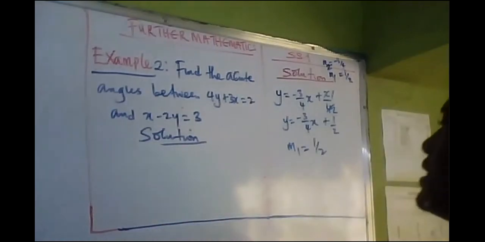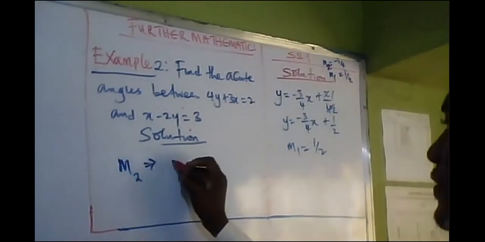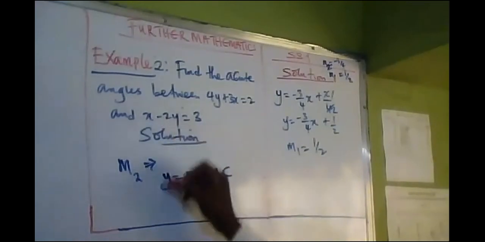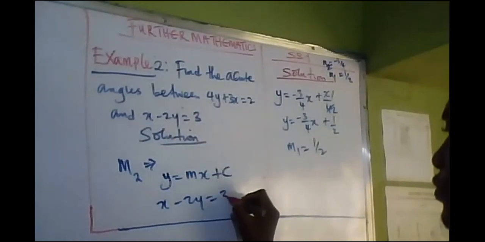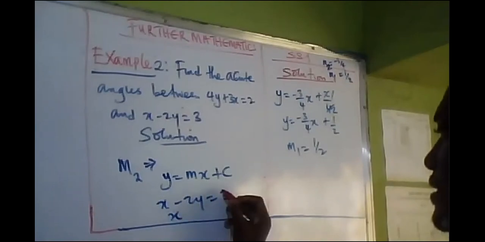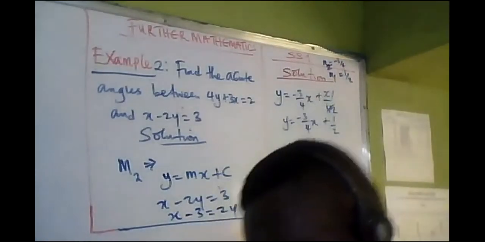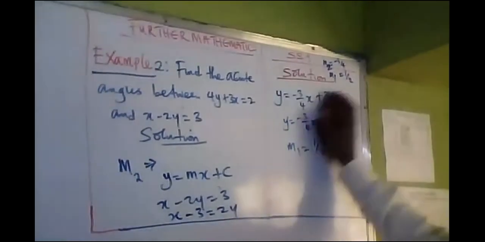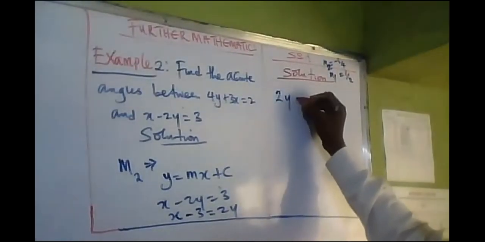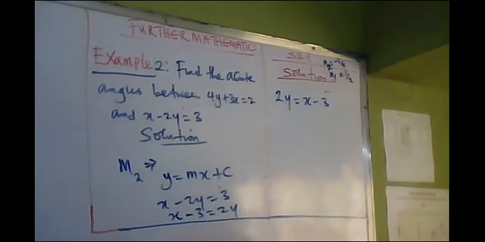So if we are going to get m2, we use y equal to mx plus c. What's the next one? x minus 2y equal to 3. If you take this one to this side, that gives us x, bring this one here, minus 3 is equal to 2y. So 2y is equal to x minus 3, just changing the position.